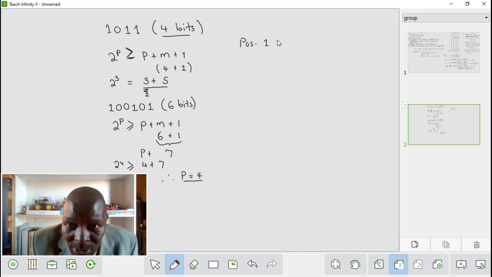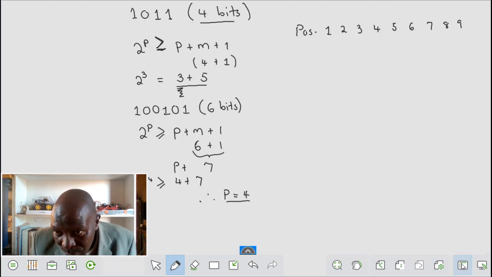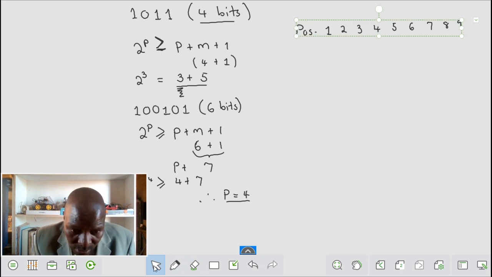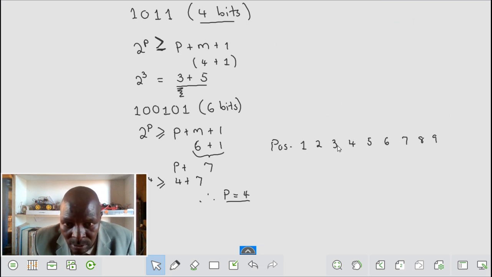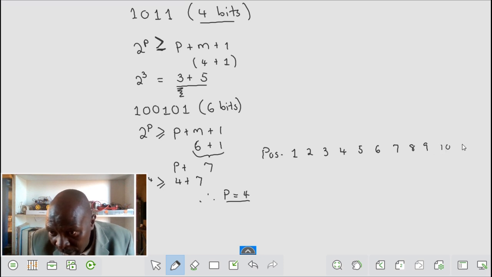Position 1, 2, 3, 4, 5, 6, 7, 8, 9, 10 and 11.